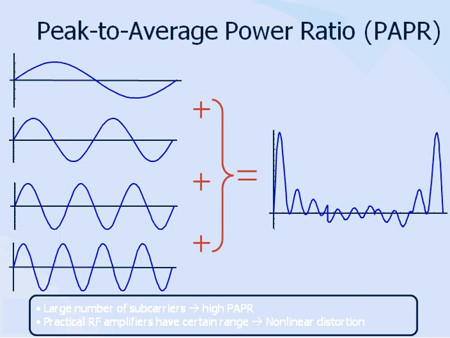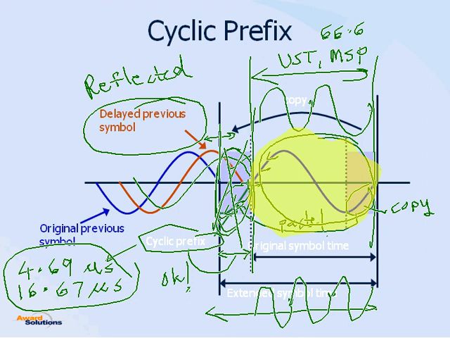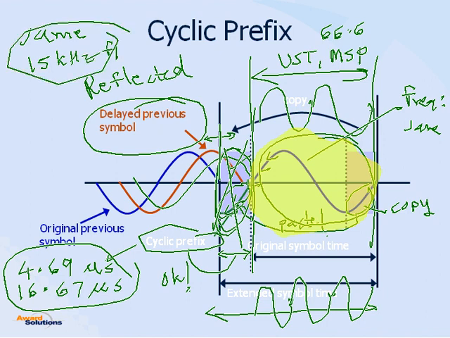So when we extend the cycle, the frequency remains the same. We are just extending that frequency for a little longer time. We are extending the time period, not changing the frequency itself. We are just sending the same 15 kilohertz signal, for example in case of F1, for a little longer time.